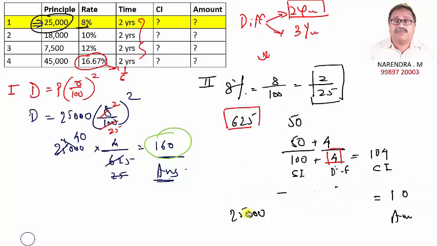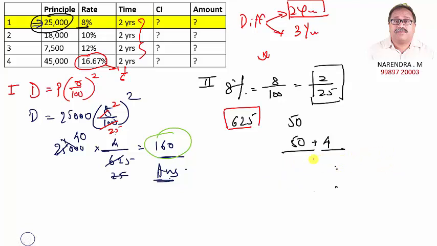Okay, one more thing I would like to highlight here is we are writing a few unnecessary things while we are explaining the concept, and that is in order to make you understand the concept. I don't need this CI and SI and this 100 and 4 and 104. So what I know is, 4 is the difference and 625 is the principal. So from here onwards I can directly write down the concept.